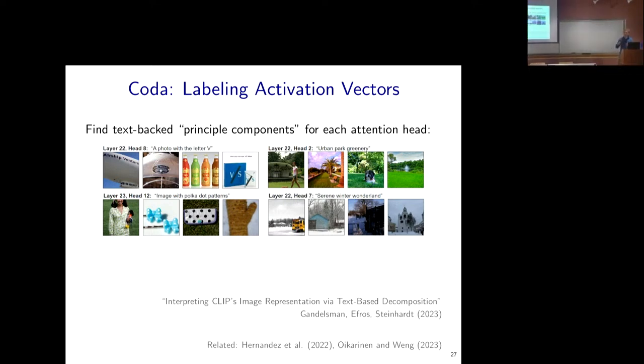There's another one paying attention to locations, another one paying attention to numbers. So what are some cool things you can do here? One is you can use this to find adversarial examples. For instance, the head that pays attention to numbers actually pays attention to two types of number.